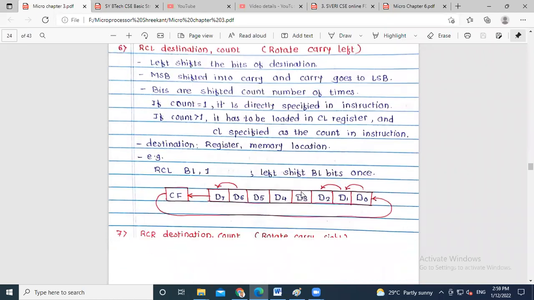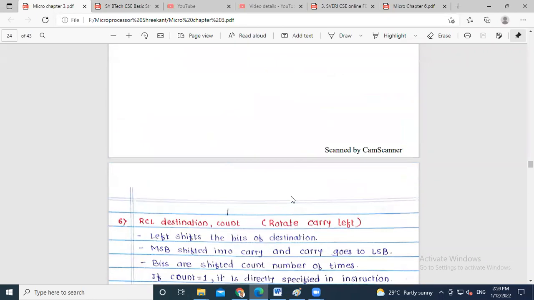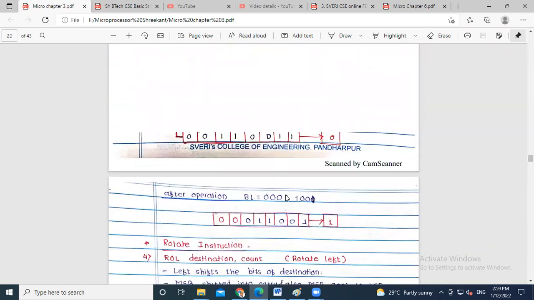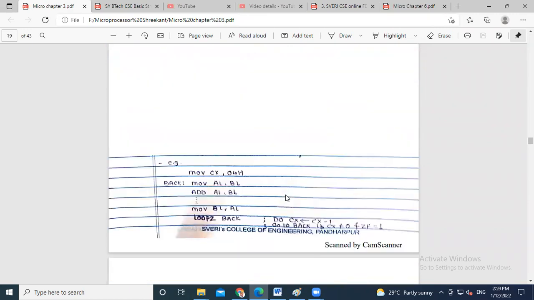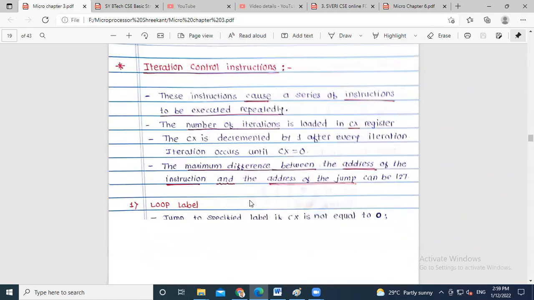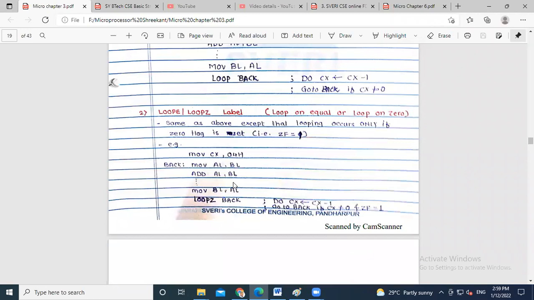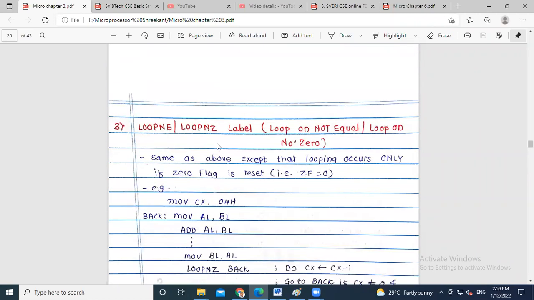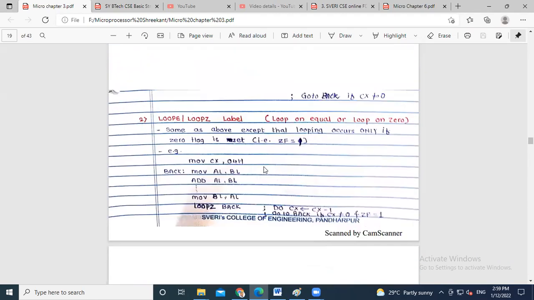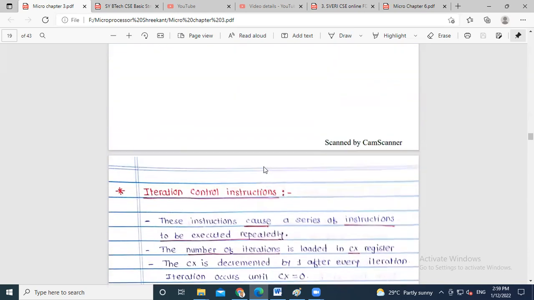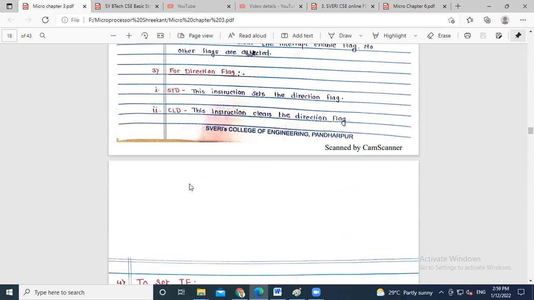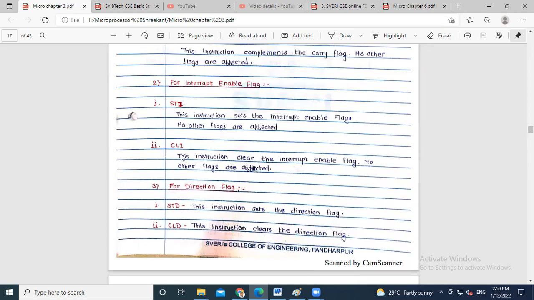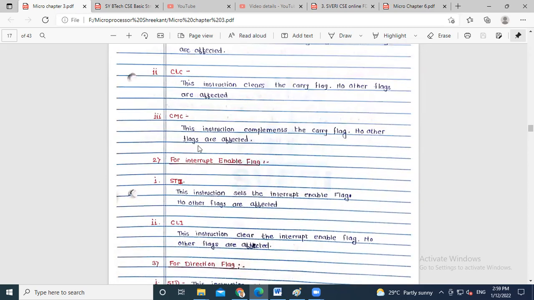So dear students, today I taught 8 instructions of shift and rotate, and 3 instructions for iteration: LOOP label, LOOPE (loop on equal to 0), and LOOPNE (loop on not equal to 0). So 8 plus 3 is 11 instructions, plus the trap flag, STD and CLD, so totally today I taught 16 instructions.